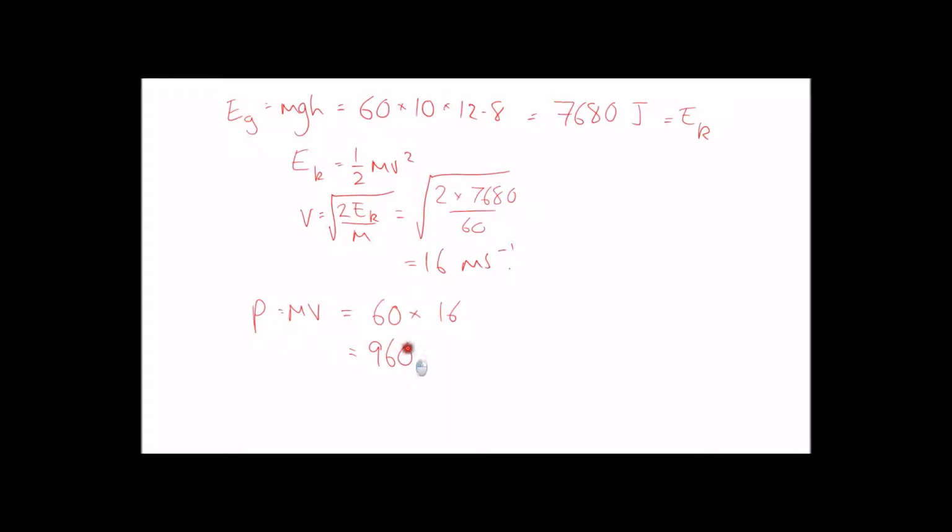We've got 960 kilogram meters per second. Now, you might have noticed that the units are pretty much always given to you in the Year 12 exam, so you don't need to worry about those, but it is good if you're conscious of what the right units are.